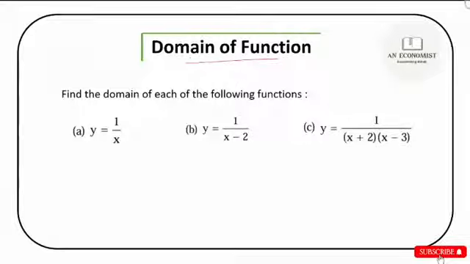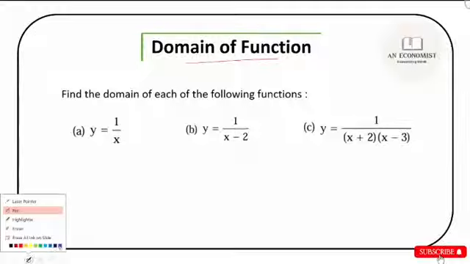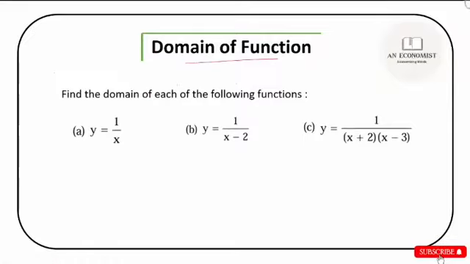Domain means the valid X values, right? Valid X values. So we need to find the domain for each of the cases. So let's do that. The first one says Y is 1 upon X. Now we know that the domain cannot have a 0 value, right? X cannot take the value 0, except 0 it can take any other values. So what you can write, X cannot be 0. So what will be the domain?